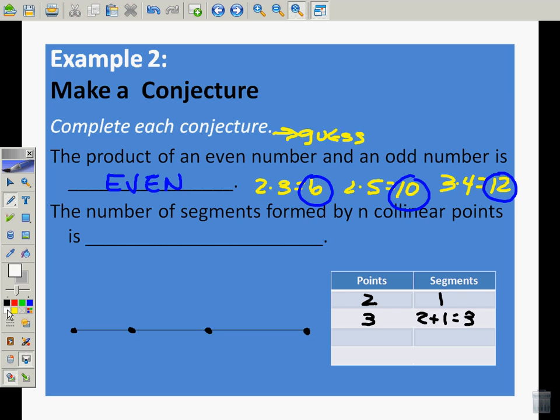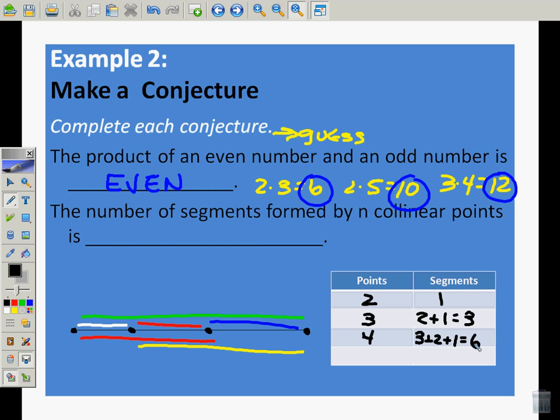Now watch what I do. I have 1. I have 2. I have 3. I have 4. I have 5. I have 6 distinct segments here. Okay? So when I go to put on 4 points, I've got 3 plus 2 plus 1 equals 6 segments. Let's make a guess. So if I look at 2, I have 1. If I have 3, I have 2 plus 1.